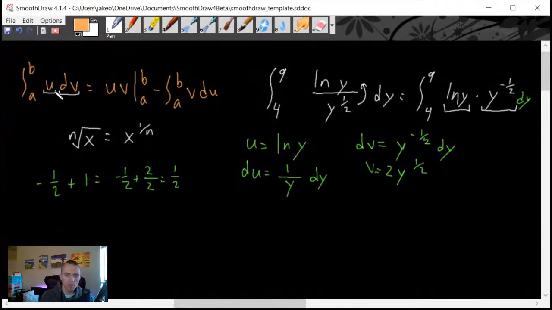parts formula. So we're going to get the integral from a to b, 4 to 9 in this case, of u times dv, which we've said ln of y is u, y to the negative 1/2 is dv.